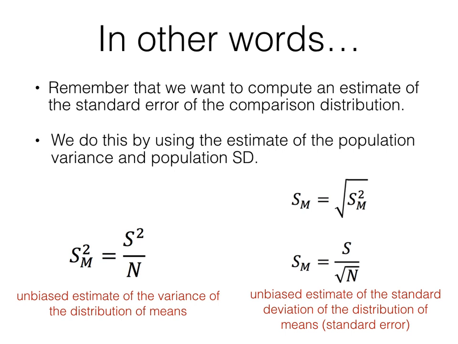We're going to have to calculate an estimate of it from our own sample. So we're going to have to actually know our sample's standard deviation. And we want the unbiased estimate version of this. So we want to use the n-1 version that we compute to get the population standard deviation or the population variance. Okay, so that's why we have an S here instead of a Greek letter sigma.